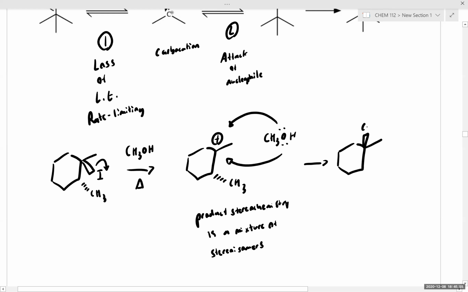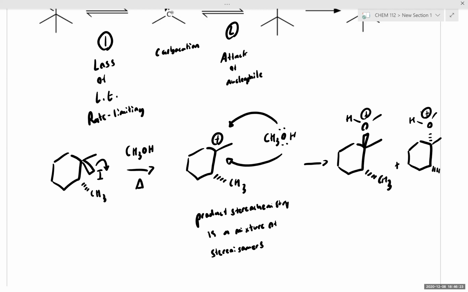Does everyone understand, and does it make sense to everyone, this idea that because we're going through a carbocation intermediate, inherently we're going to observe a mixture of product stereochemistries? Because the carbocation's flat, we can approach and attack from either face. That's why we observe a mixture of product stereochemistries.